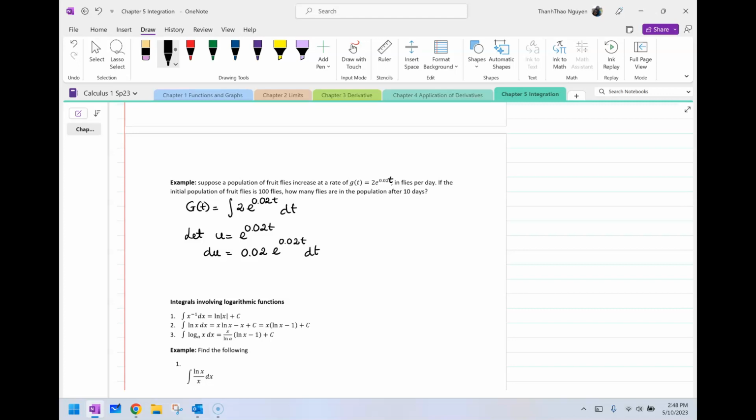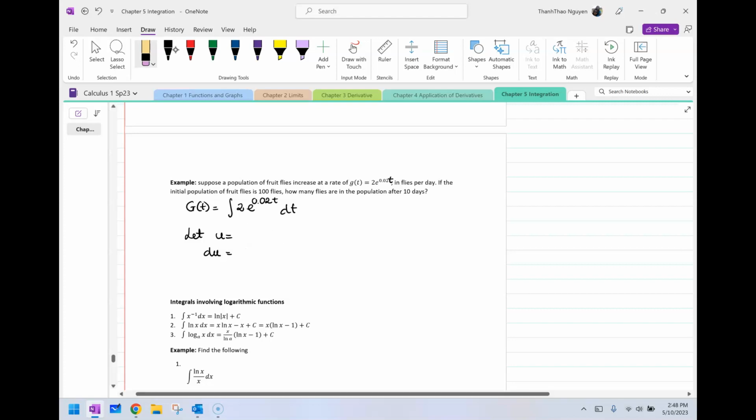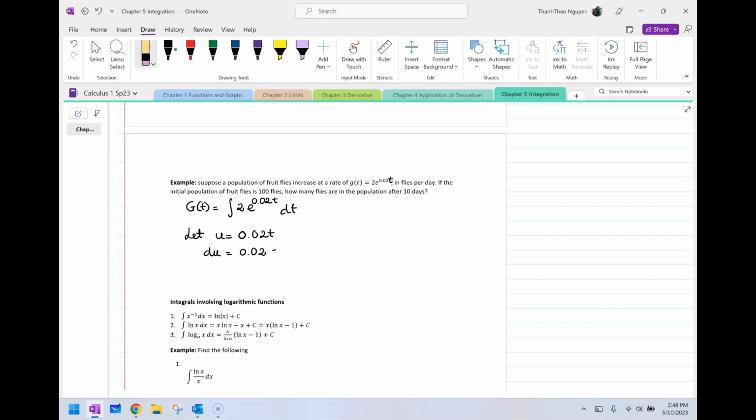Hang on, sorry, my bad. We're supposed to set u equals 0.02t. Okay, that makes more sense. So du equals 0.02 dt. Notice that we have a 2 out front. So then 100 du equal 2 dt.